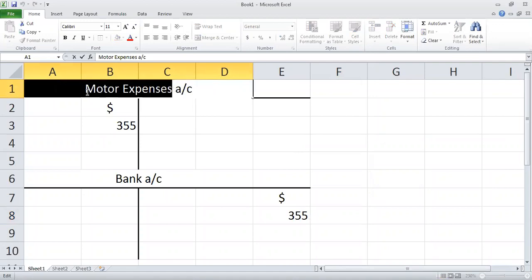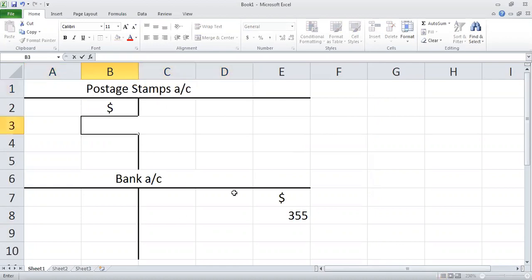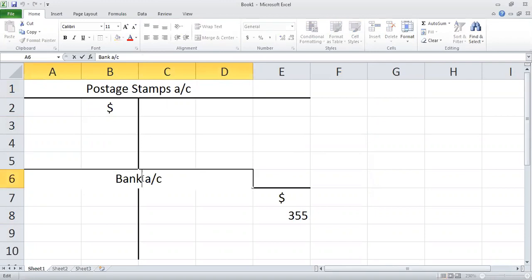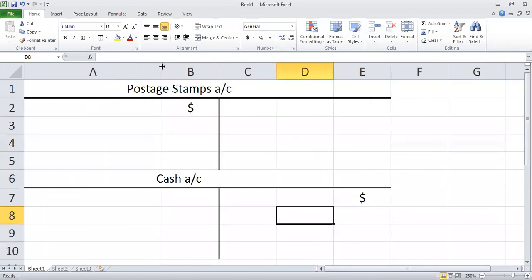You have postage stamps, and you have a cash account as well. You're paid by cash. Now watch how I do this thing now, please.